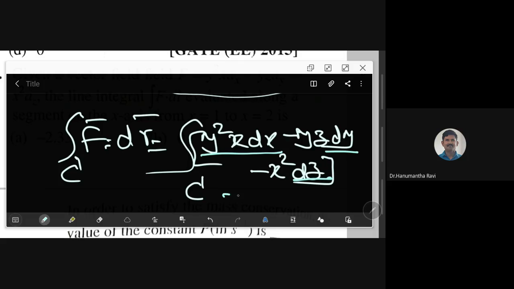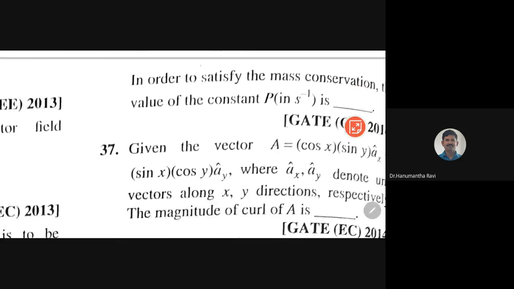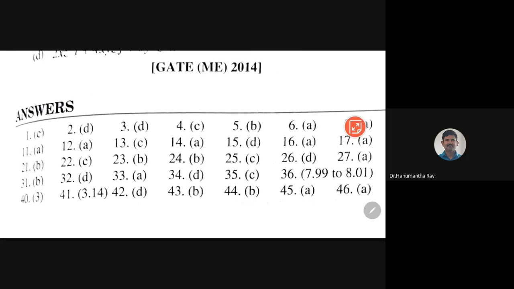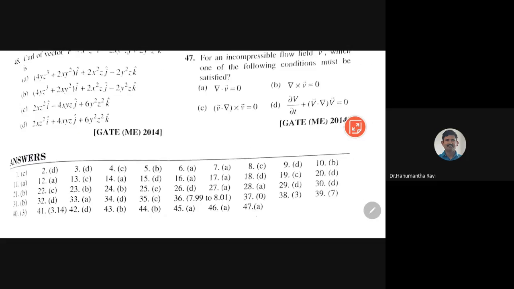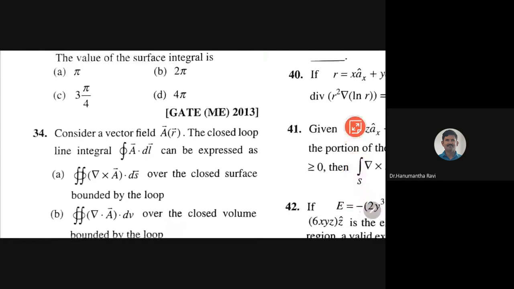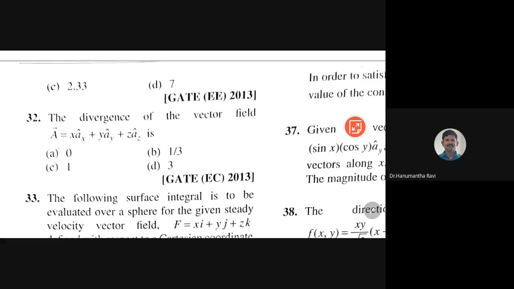So the entire integral now becomes 0. So B is the answer for 31.